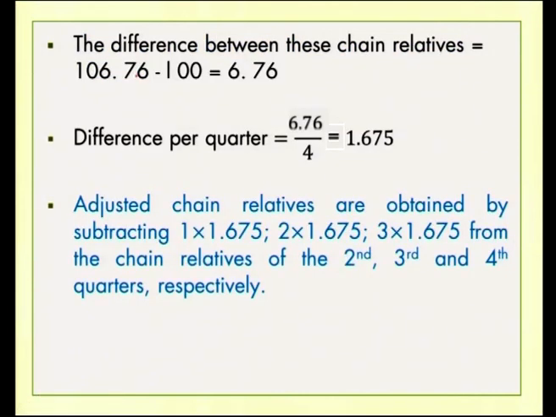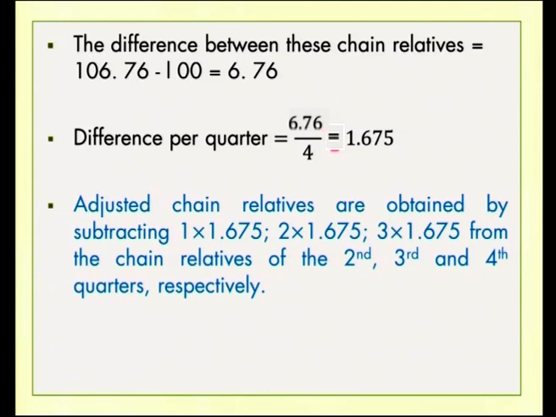Then the difference between these chain relatives is 106.76 minus 100, which is equal to 6.76, and the difference per quarter is 6.76 divided by 4, which is equal to 1.675.